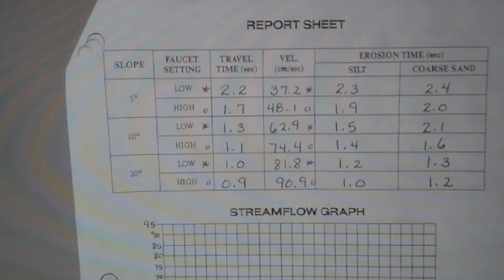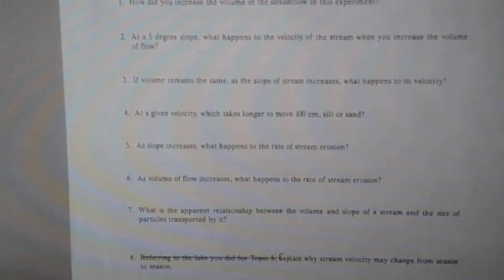The silt took 2.3 seconds, whereas the coarse sand took 2.9. So what took the most time? The coarse sand.